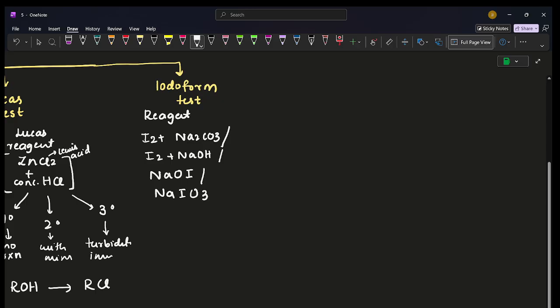They can give you any of these and you'll have to remember it. And you'll have to know that this is an iodoform reaction and that is the iodoform reagent, okay? I2 and Na2CO3, I2 and NaOH, NaOI, NaIO3.